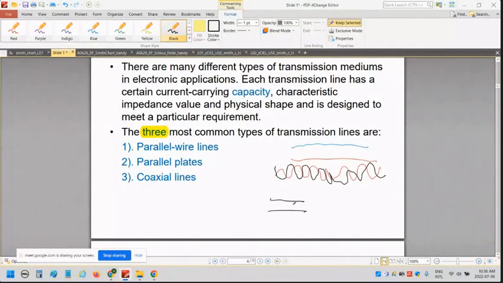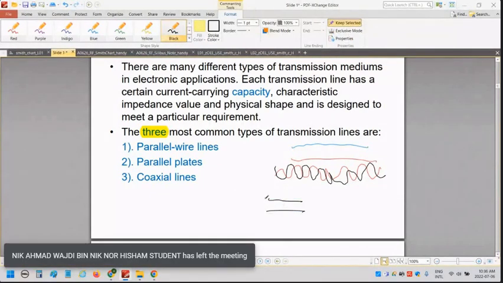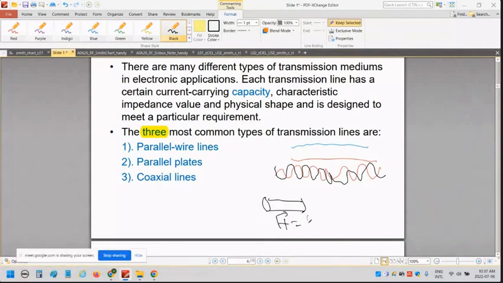The special thing about the coaxial cable is that outside it the magnetic field is 0. Compare this one, which is parallel, with this one, which is twisted.